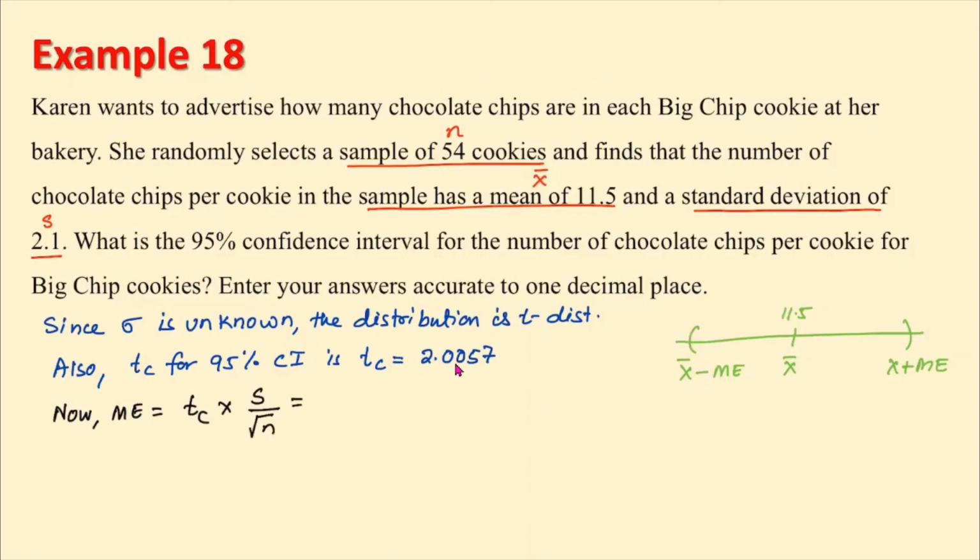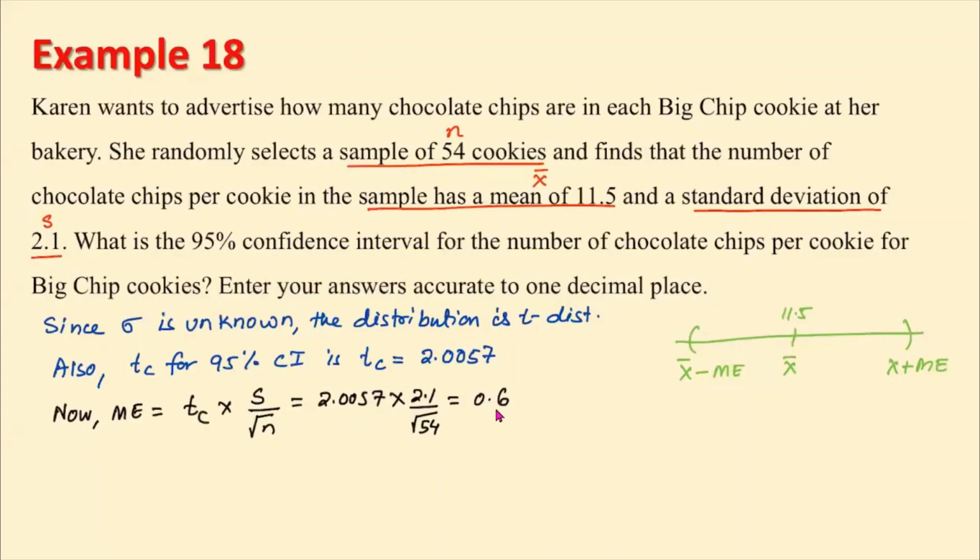T critical is 2.0057 multiplied by the sample standard deviation, 2.1, divided by the square root of the sample size, 54. If you simplify this, you will get 0.6. I'm rounding to 1 decimal place because we want to give the final answer to 1 decimal place only.